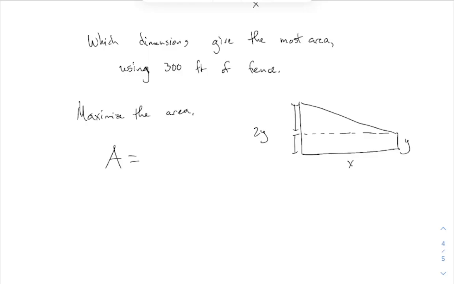If I drew my picture right, this should be y because I made that rectangle, which means the other one is also y because they add up to 2y. All right. So now we should be able to add up these areas. The lower area is a rectangle, which is dimensions x and y. So this area is x times y. And the upper area is a triangle with dimensions, the height is y and the base is x. So that would be 1/2 xy.